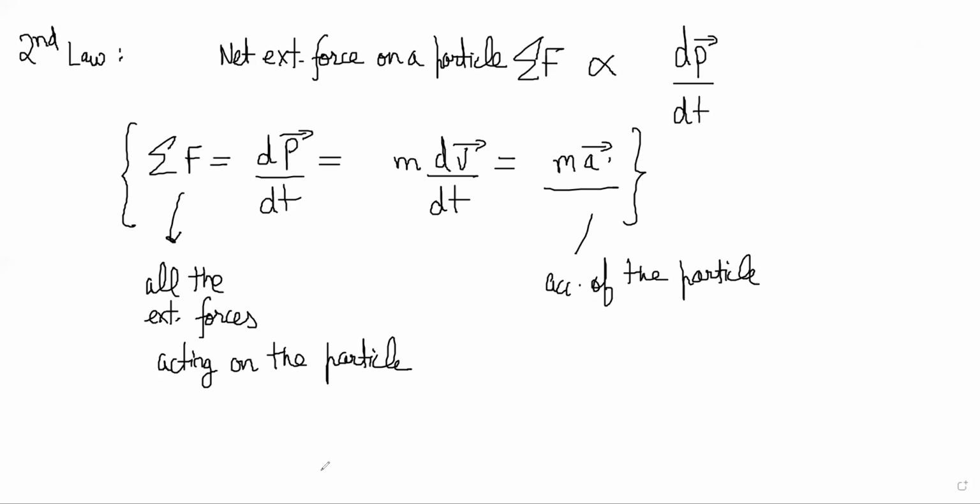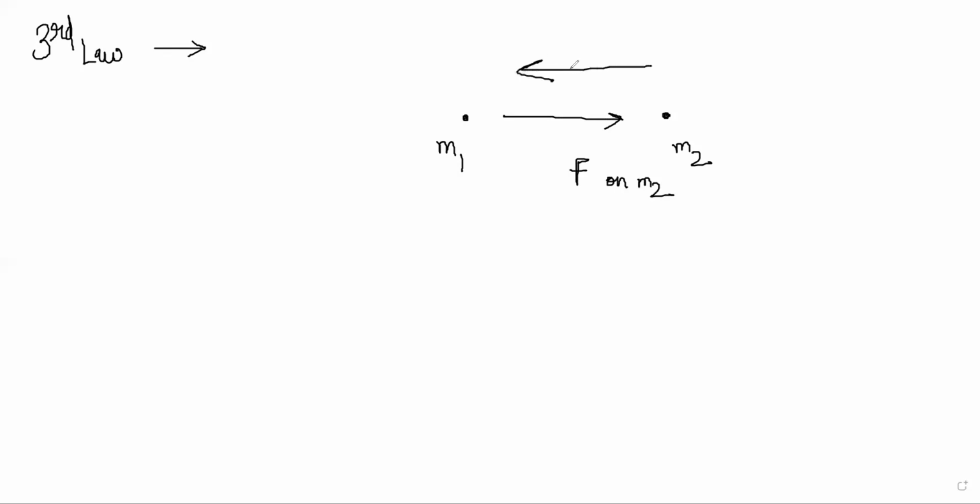Third law is also obvious. Third law says that to every action, there is an equal and opposite reaction. So suppose you have a particle here and another particle here, let's say this is M1 and this is M2. If M1 exerts a force of F on M2, then M2 exerts an equal force F on M1.